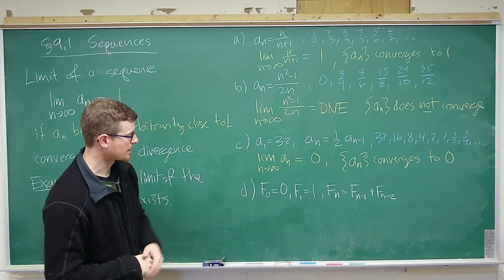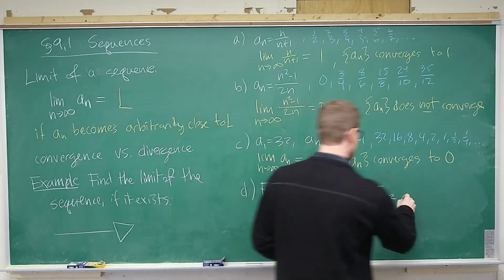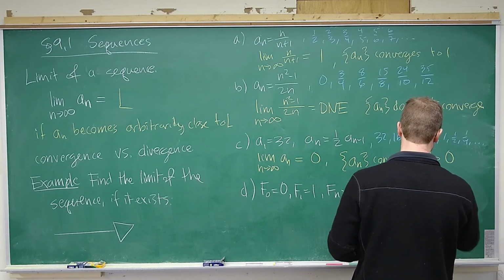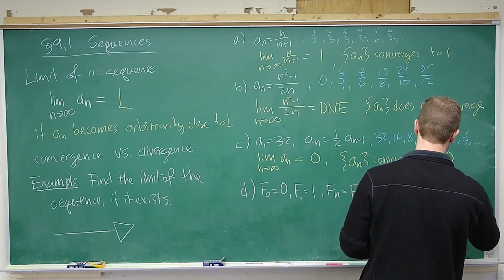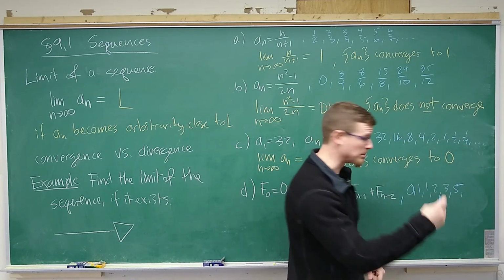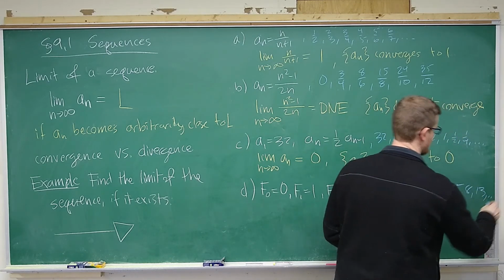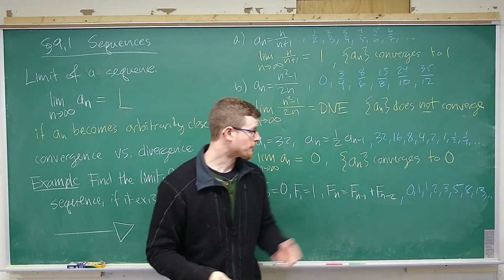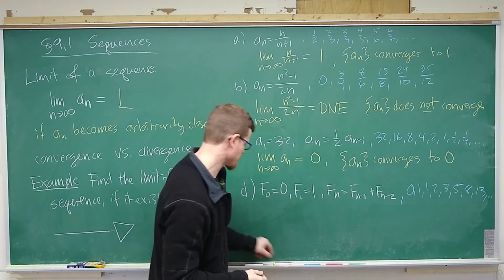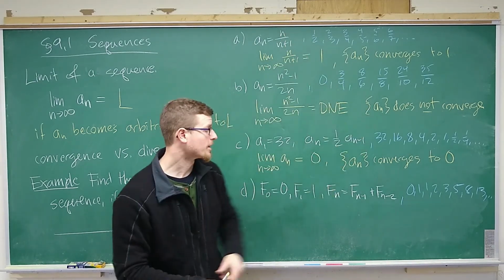And then finally, for our last example, again a recursively defined sequence, we found the terms to be 0, 1, 1, 2, 3, 5. We could continue on to find that it would be followed by 8, 13, 21, 34, and so on. What we notice quickly is that these numbers just keep increasing quite quickly, in fact.